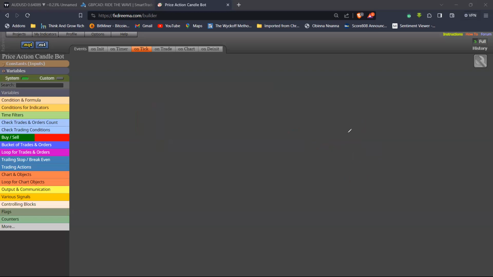The goal is to build our bot to watch for bullish and bearish engulfing candles. If there's a bullish engulfing, we want it to open a buy at the close of the bullish engulfing candle setup.